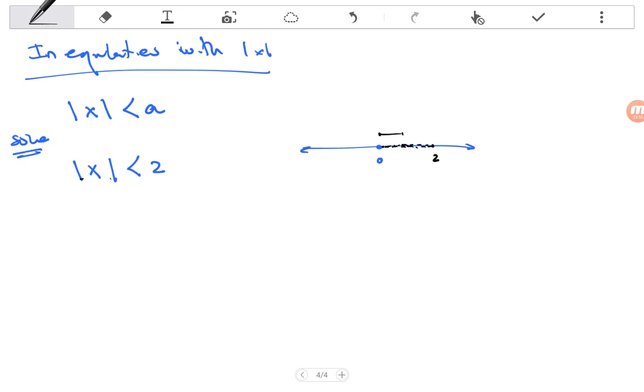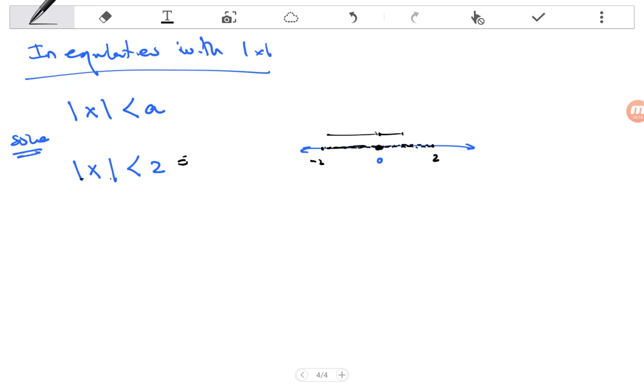Okay? Are these the only x's that satisfy this inequality? No, we have also the other side. On the other side, all these x's also have a distance to 0, or to the origin, less than 2.